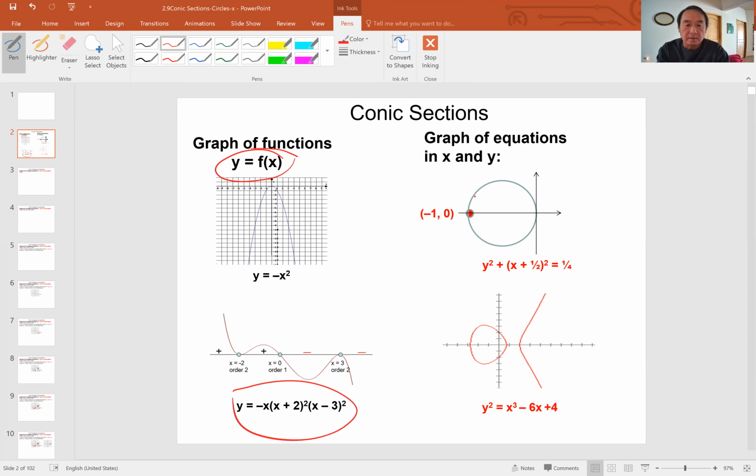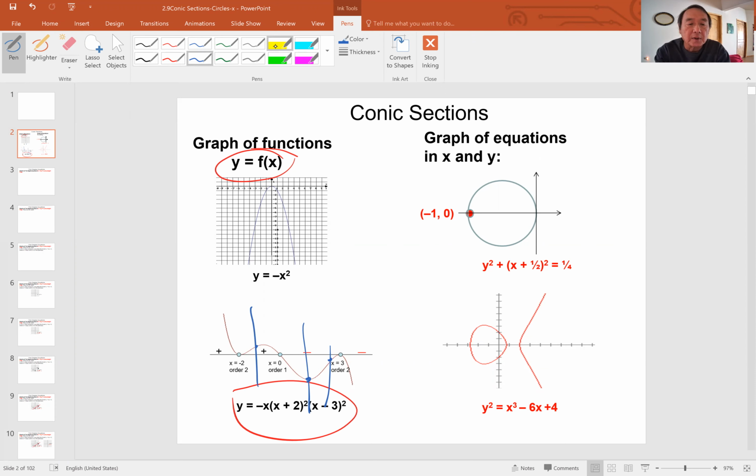And then we get a graph on the left hand side. And they are functions so that every vertical line has only one point in the set of pictures.